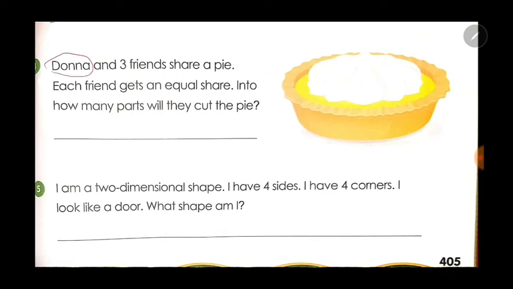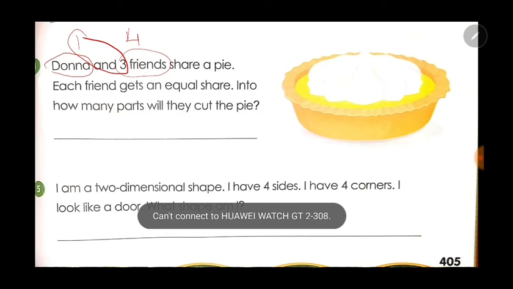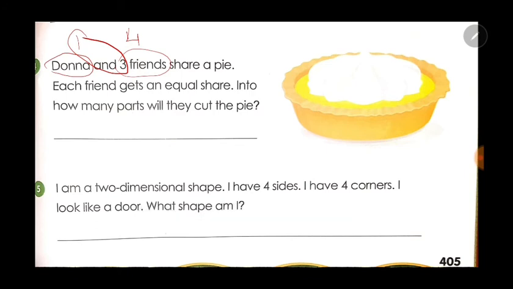Donna is 1. 3 friends will be 4, because 1 and 3 are 4. So how many parts? Excellent, 4 equal parts. And each one will take a fourth, or a quarter.